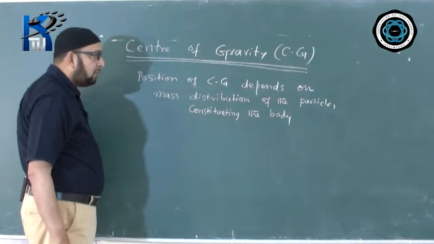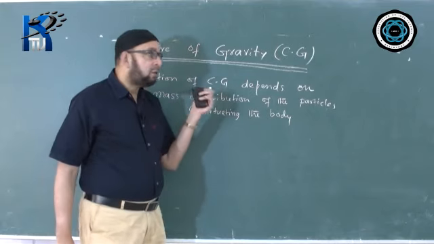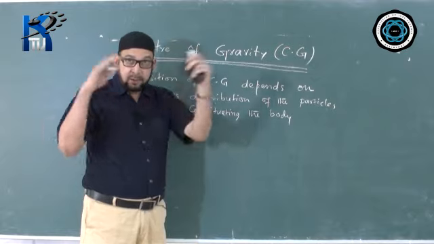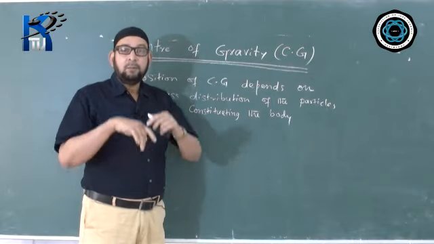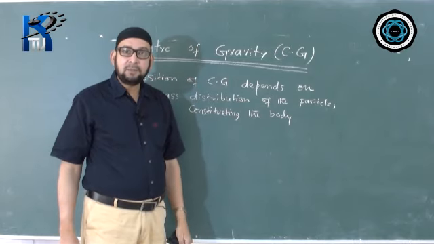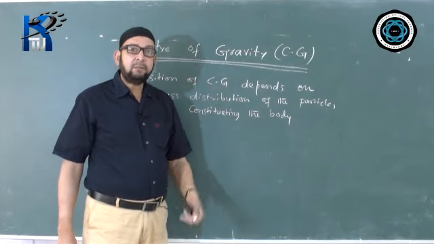Now another important question on CG is: can the CG of a body lie outside the body? Is it possible that the body's CG is lying outside it? Answer is yes, that is also possible. We have some examples.